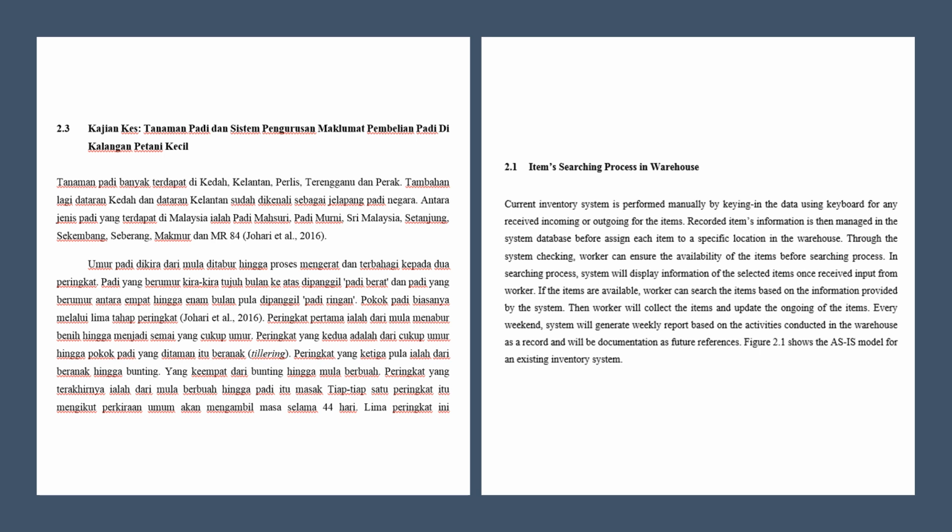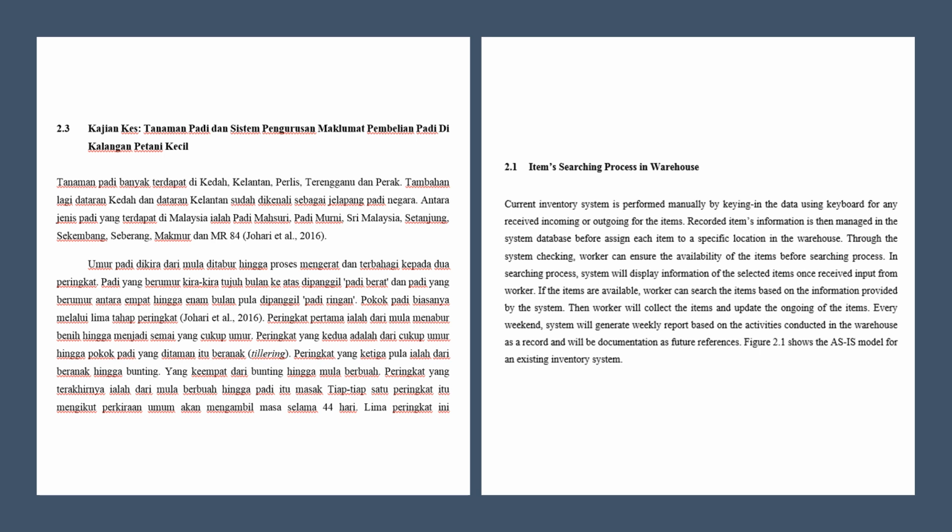So I give you some examples of how to start writing section 2.2, which is the case study. For example, here the case study is an information system for selling and buying paddy within the smallholder.